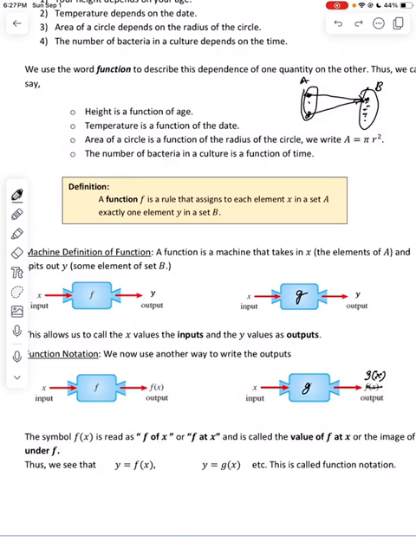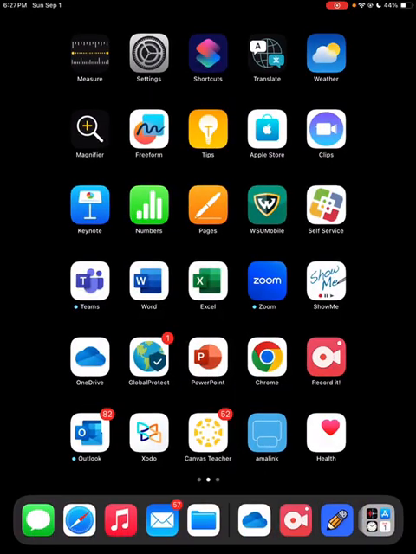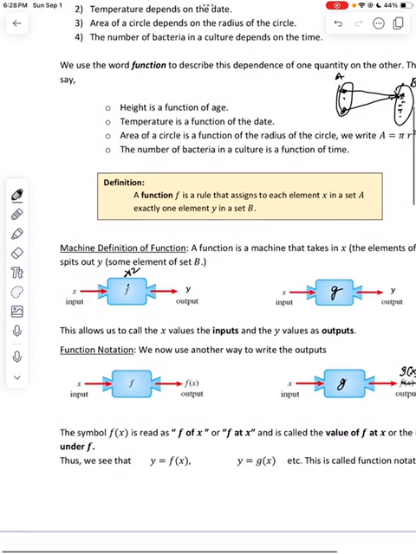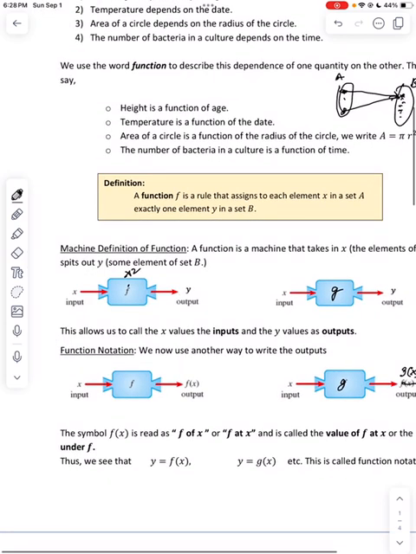If I put X into another machine, it will again give me Y, but this Y could be different from the Y of the other machine. For example, if this machine is the x squared machine, then when you plug in the number 2, it will give you 4. If your input is 2, your output will be 4.